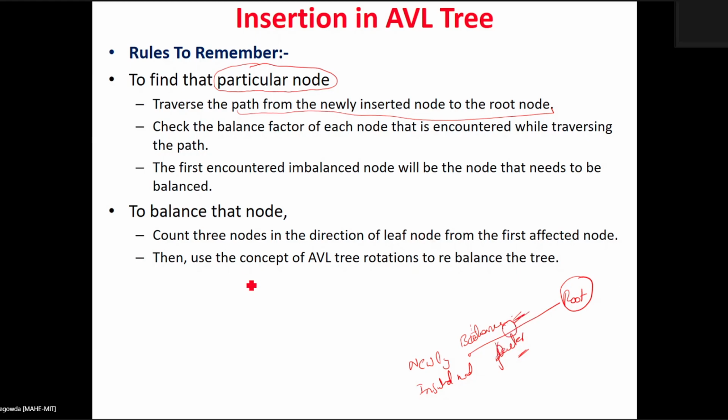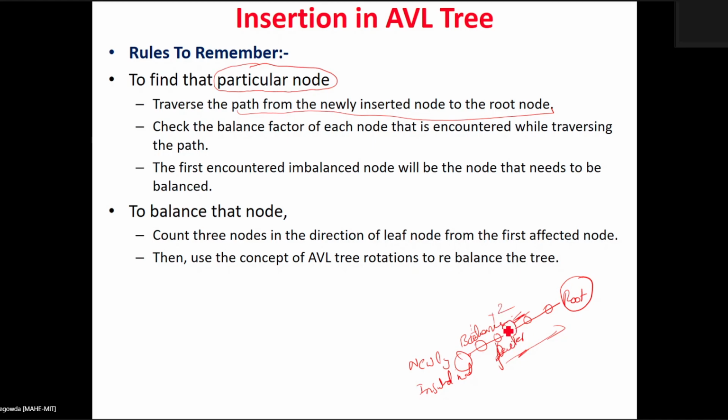To identify it, count 3 nodes in the direction of the leaf node. Say for example I am traversing from the newly inserted node to the root node, and I have the nodes like this in this path. I say that this particular node is imbalanced. Starting from that imbalanced node, you count these 3 nodes.